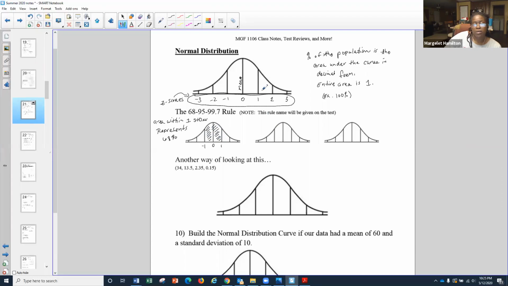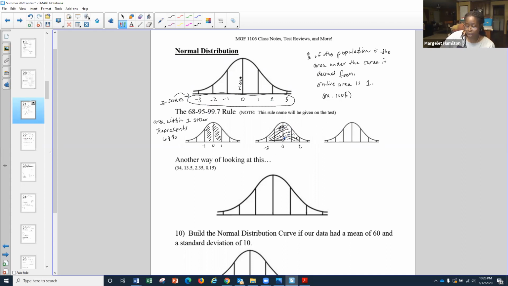When we look at two standard deviations, remember, this is our mean. So we're talking about two standard deviations above and going below. We're talking about this whole entire area here, trapped in between -2 and +2. All of that under there, we're talking about our population. This is represented by this 95%.